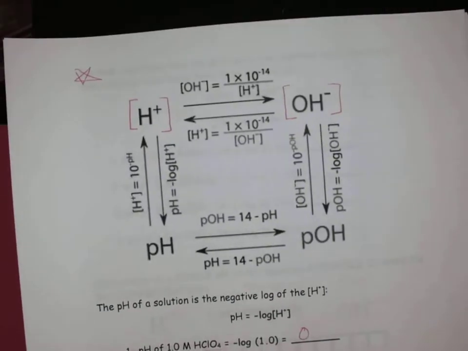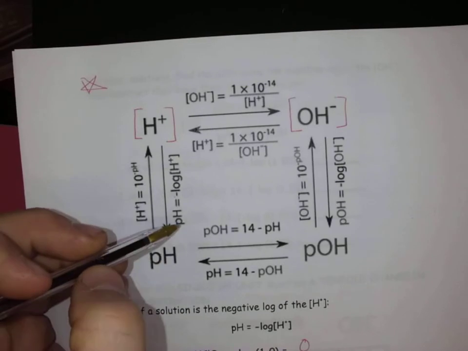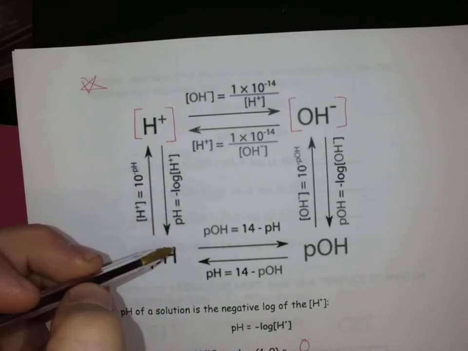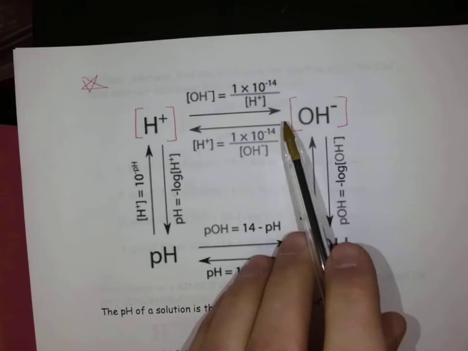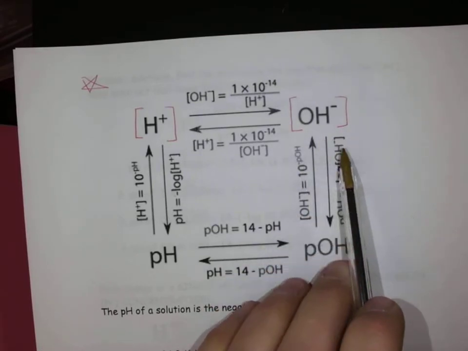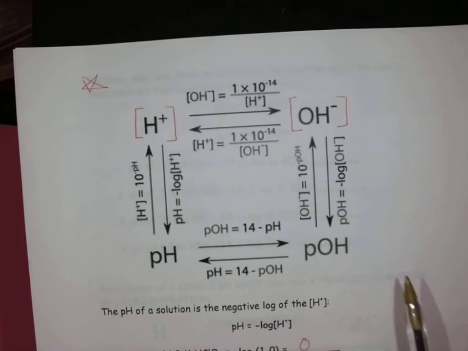So, like I said, we want to be able to go from H plus concentration to pH. We've got this equation here. But we can also go from the OH minus concentration to the pOH. It's the same exact equation. It's the power of the OH minus concentration, okay?